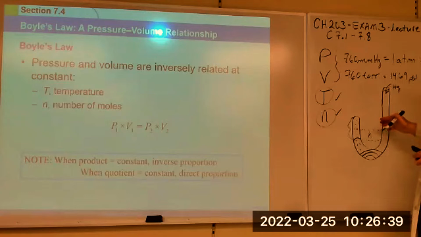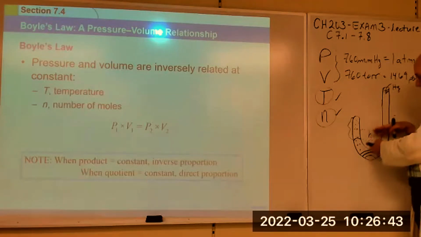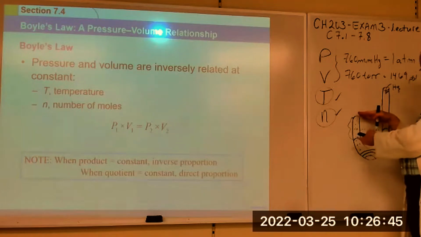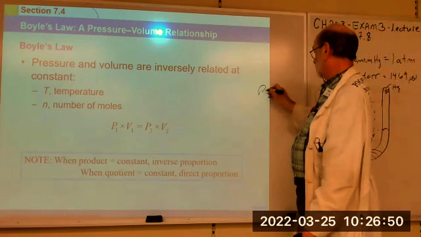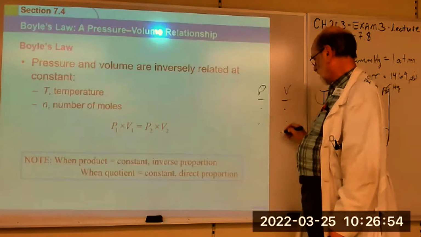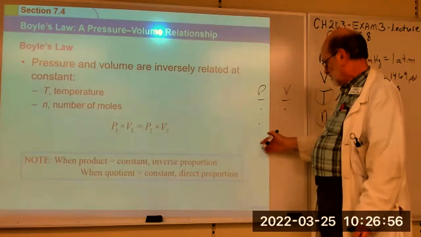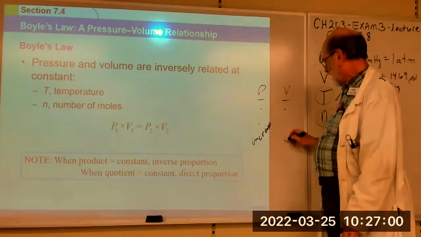Okay, so what Boyle did was he measured this difference in height, this difference in pressure against the volume that was trapped. And he just set up a chart. Pressure, volume, right? Measured pressure, volume, pressure, volume. As the pressure went up, increased, the volume went down.